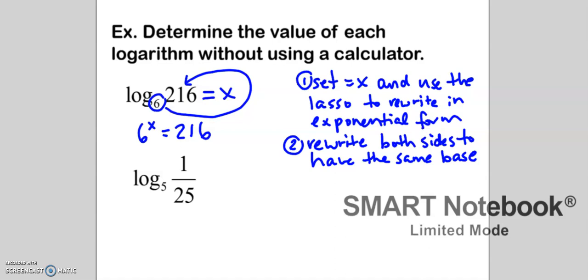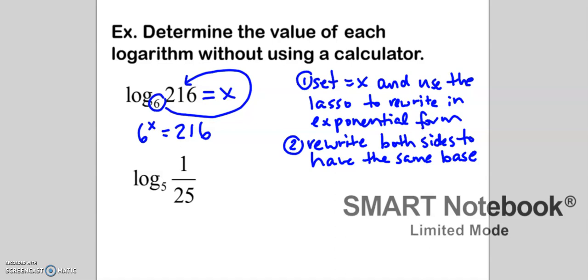So if you're trying to decide what base each side should have, a big clue here is that on the left-hand side, first of all, we already have a base. It's 6. It has a power of x. And 6 can't really be rewritten in terms of any other base. So chances are really good that's the base that we want on each side.